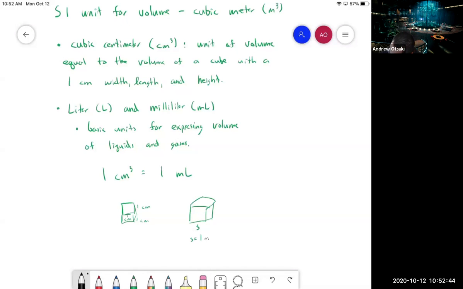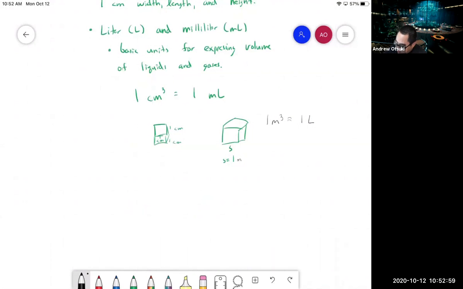I think that I mean 1 meter squared equals 1 liter. We can also look at it this way. So 1 meter cubed is 1 meter times 1 meter times 1 meter, and 1 meter is 100 centimeters, times 100 centimeters, times 100 centimeters.